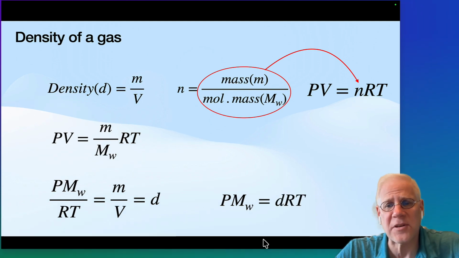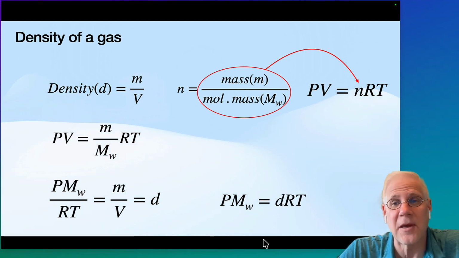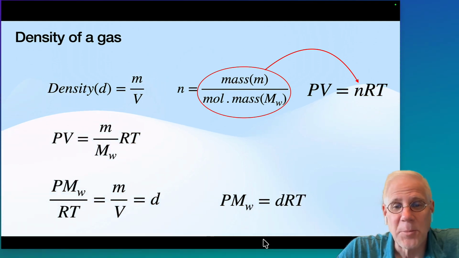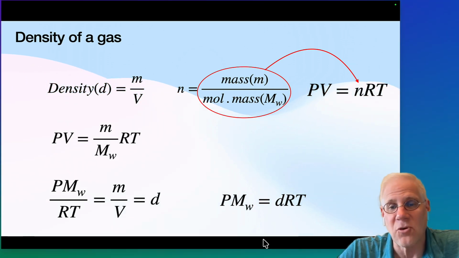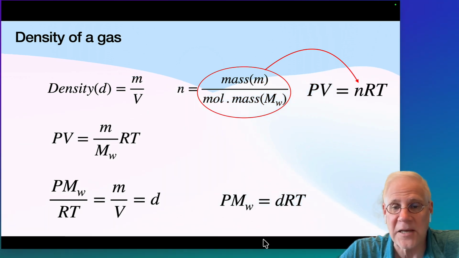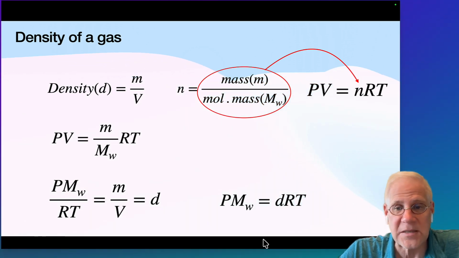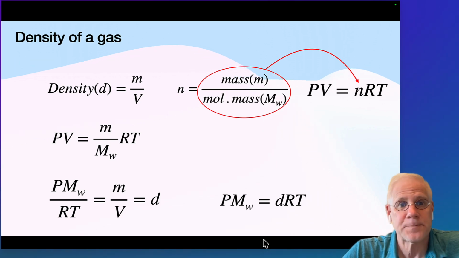We can rearrange that into something that actually looks an awful lot like the ideal gas law, but is not. But it's pressure times molar mass is equal to density times R times T. So one of the things that tells us is that density is impacted by the molar mass of the gas, the pressure that the gas is under, and the temperature of the gas.